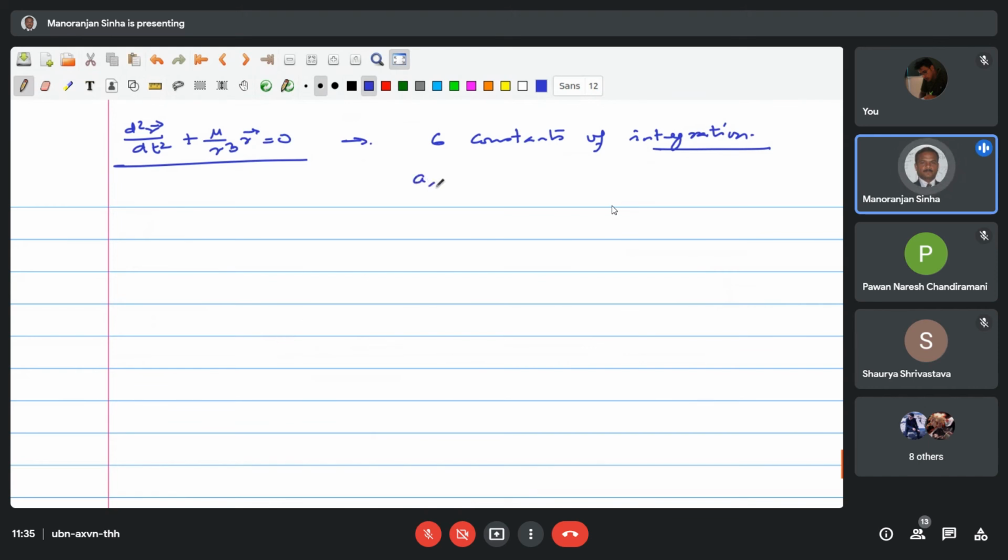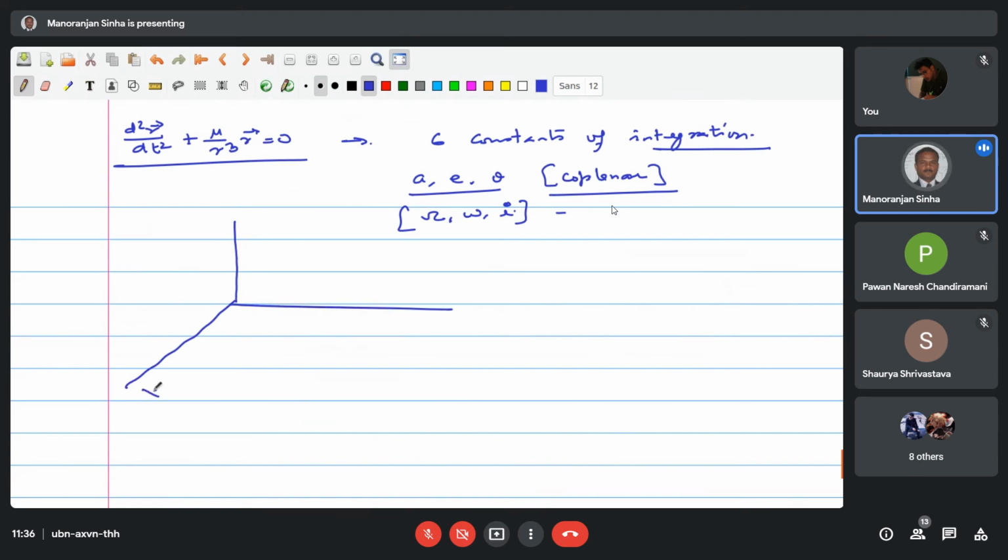So out of them, A, e and theta are coplanar. In the orbital plane itself, these are determined. The other constants are capital omega, small omega, and I. We can show it like this. This is the inertial plane x, y, and z.